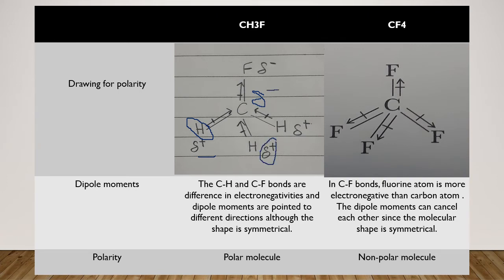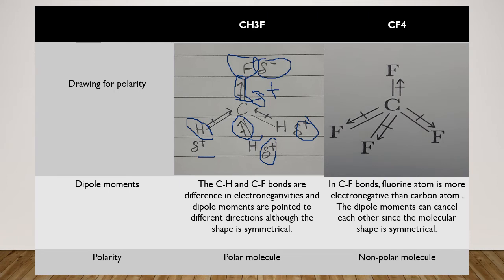The arrow here is going to the fluorine atom, which means that the carbon atom is partially positive compared to the fluorine atom, which is partially negative.